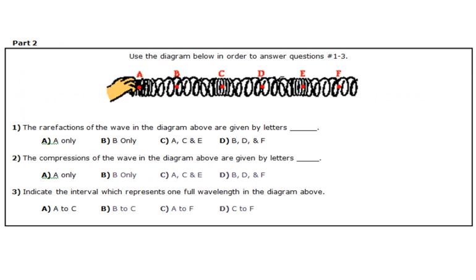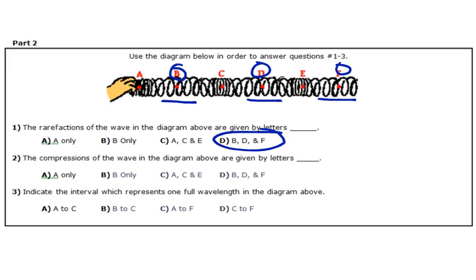So for part 2, you were just going to identify parts of a wave. The rarefactions are the parts that were spread out, so the rarefactions would be B, D, and F. These are the parts where the molecules would be spread out.